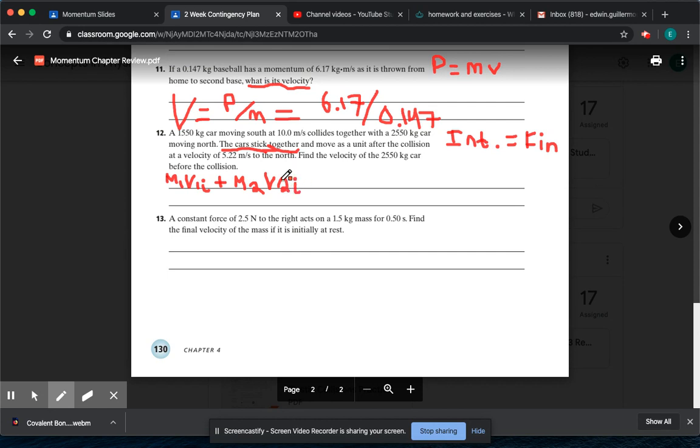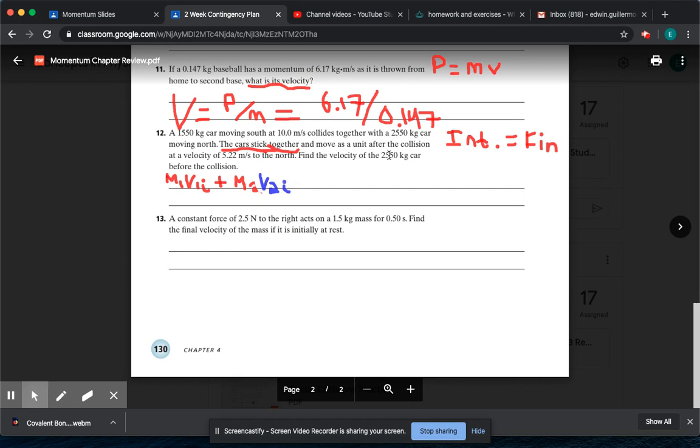Okay. And this is actually what we're looking for. And matter of fact, I'm going to make it a different color just to make it obvious that that is what we are looking for. V2I. That V2I is what we're looking for.